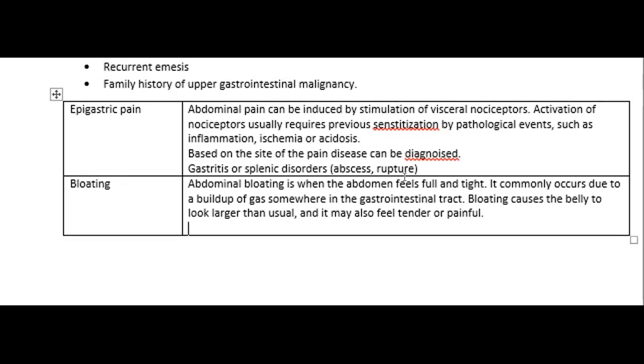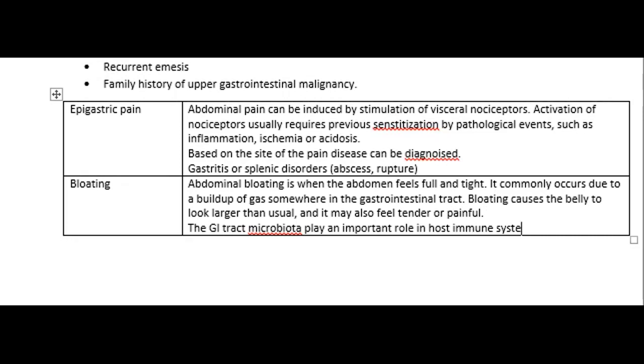In the GI tract, we have the microbial flora, which can be called the microbiota. The GI tract has the microbiota that plays an important role in the host immune system.